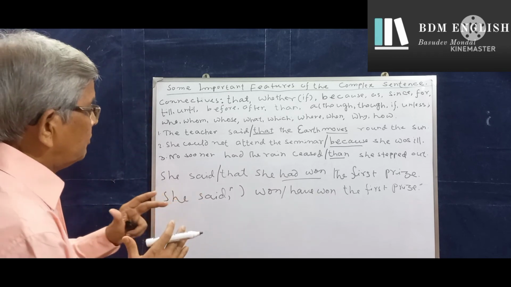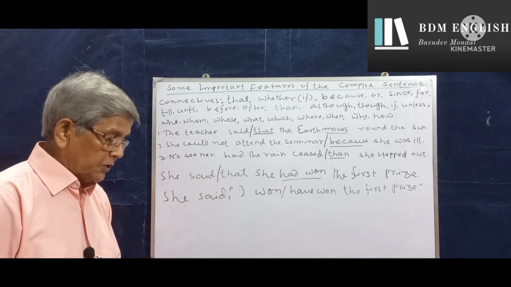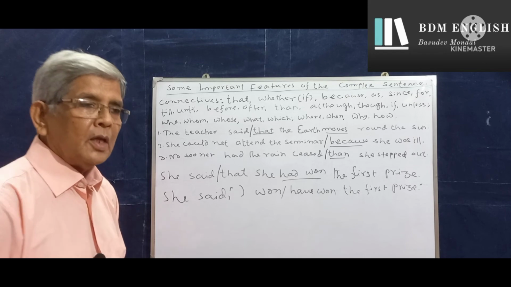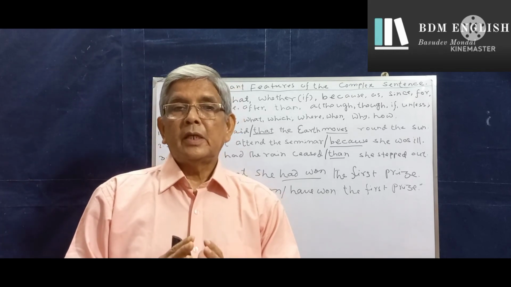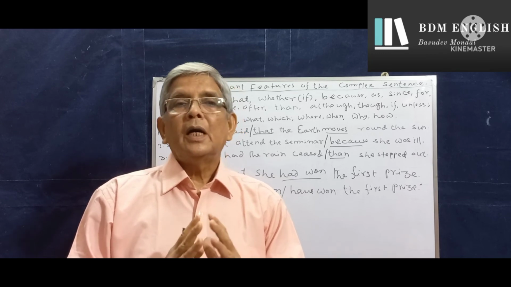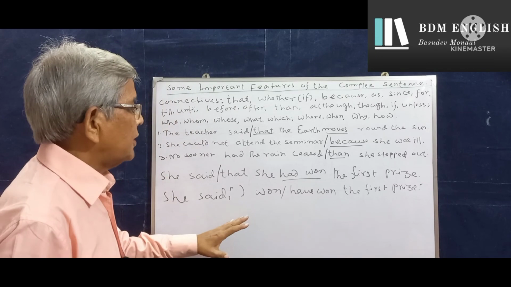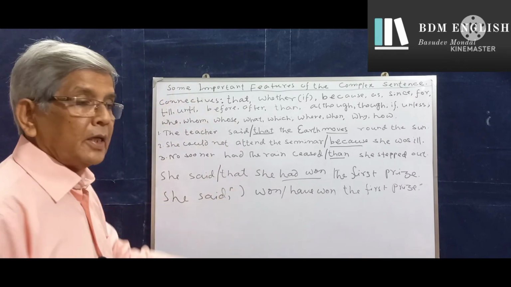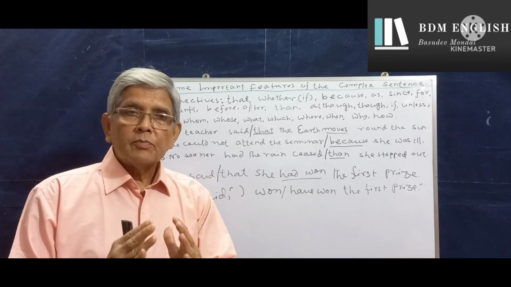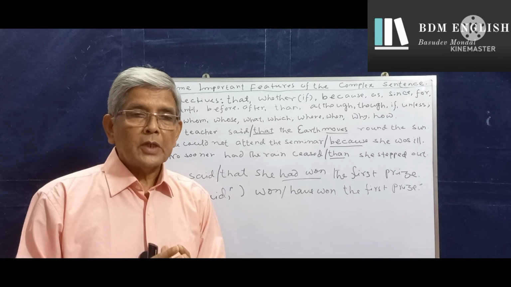So I draw your attention to the fact that when you change speech from direct to indirect, in most cases, the sentence in the indirect speech is a declarative complex sentence. I will explain all the related points when I discuss the rules for changing speech in the near future.